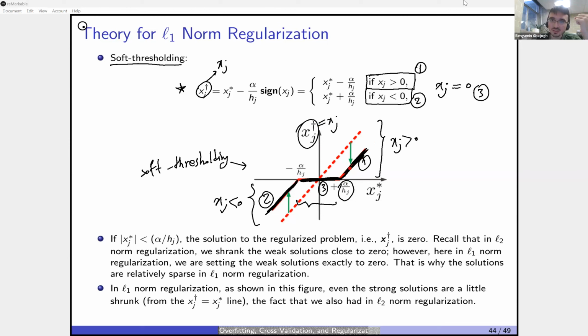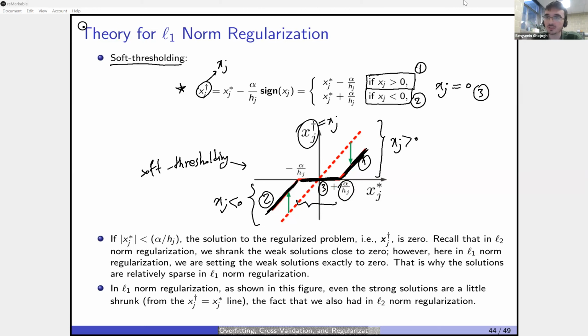So in regions 1 and 2, it's penalizing, similar to what we had in L2 norm. L2 norm also was penalizing, shrinking. However, for region 3, it's setting it exactly to 0. That's why L1 norm makes it sparse. Many of the dimensions fall in this region and they exactly become 0.